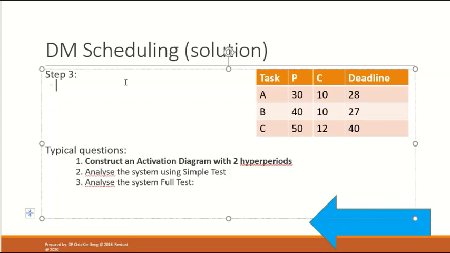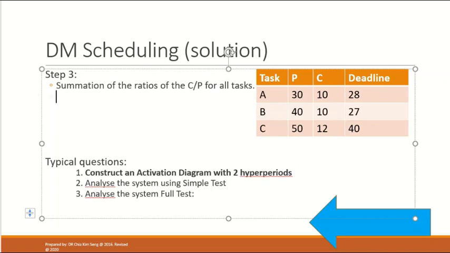Actually, we need to have a summation of the ratio C over P for the tasks. So if it is less than 100%, then we have our criteria, correct?